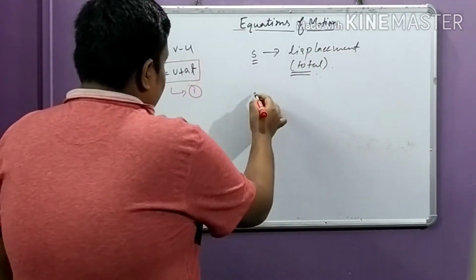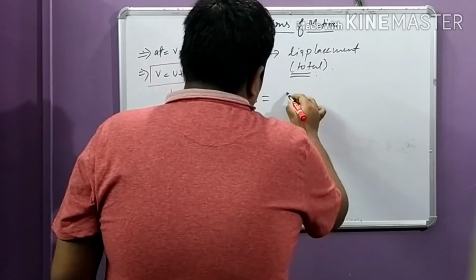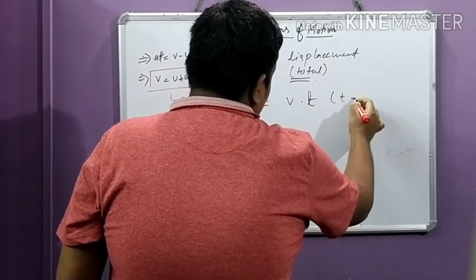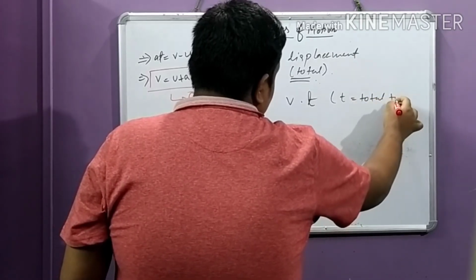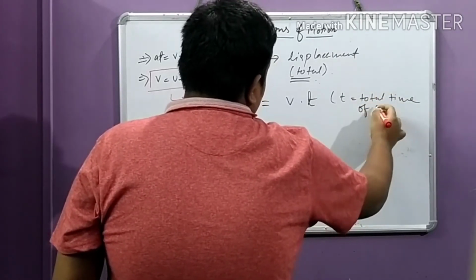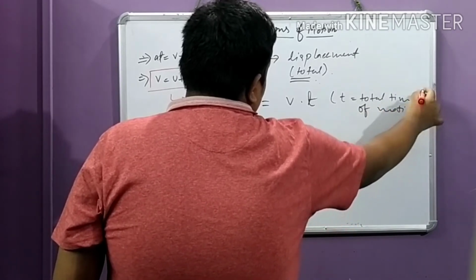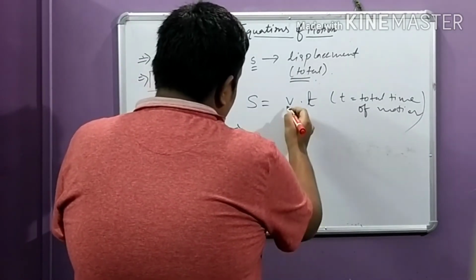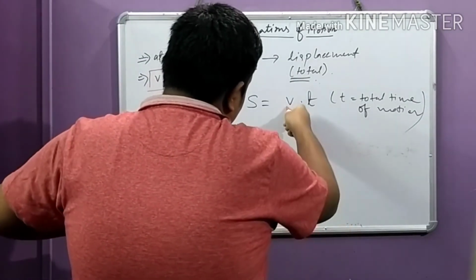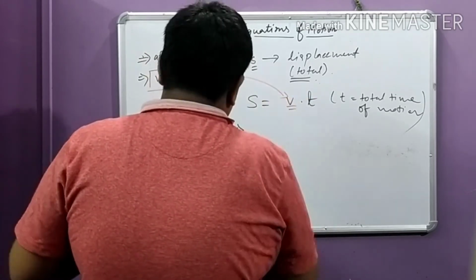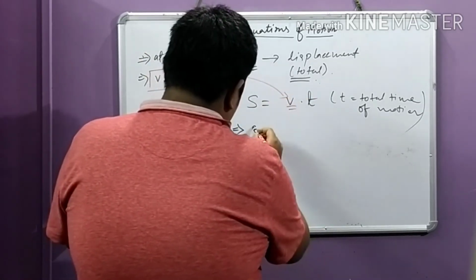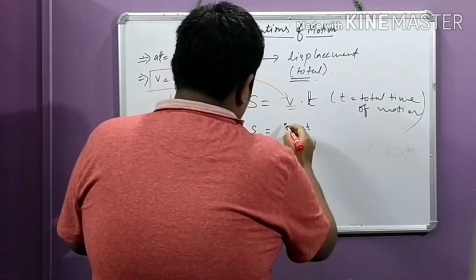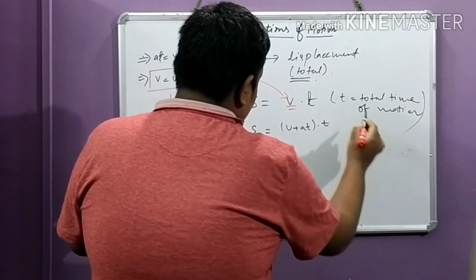We know that the total displacement s is equal to velocity into time, where t is the total time of motion. So now from 1 we will put the value of v here. This v will come from here. So s will be u plus at into t.